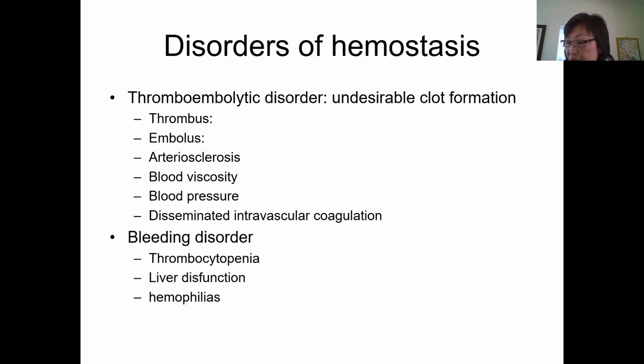But do we normally form clots? Yes, we do. But normally the clots we form in the blood circulation are very small. They can be washed away, can be broken down by active circulation, and then they will not get stuck anywhere, all right?